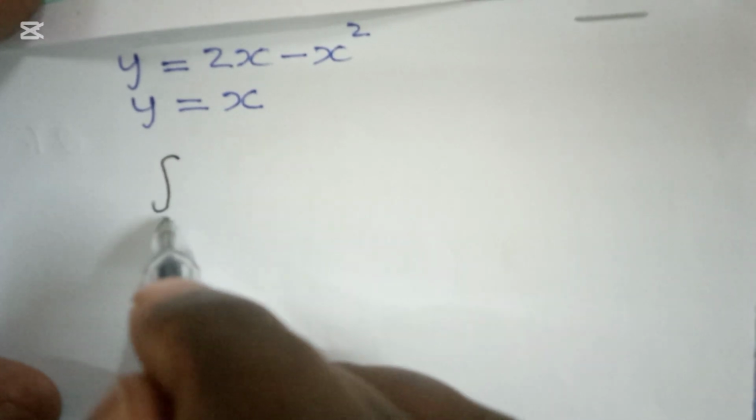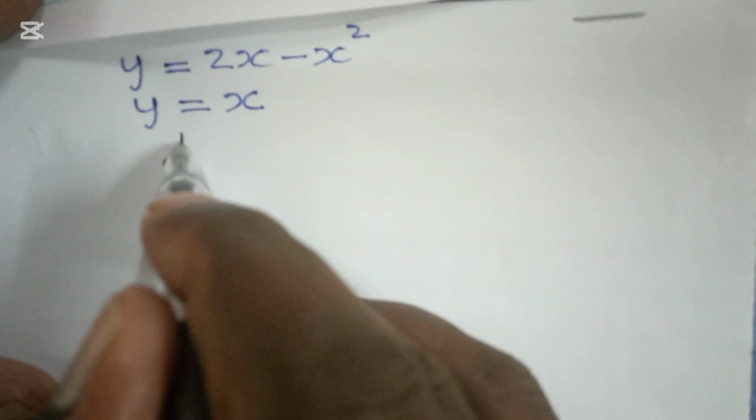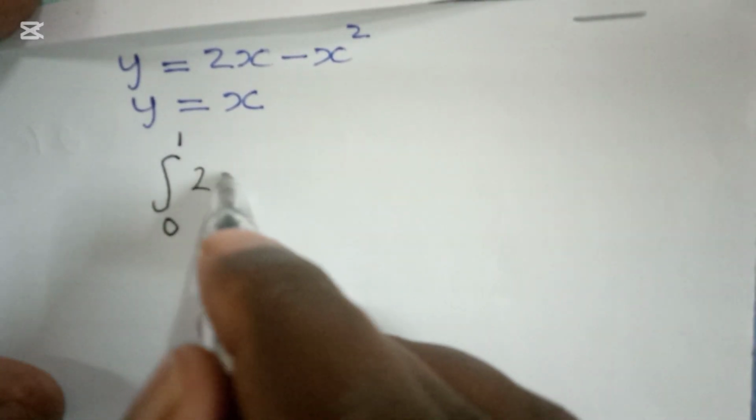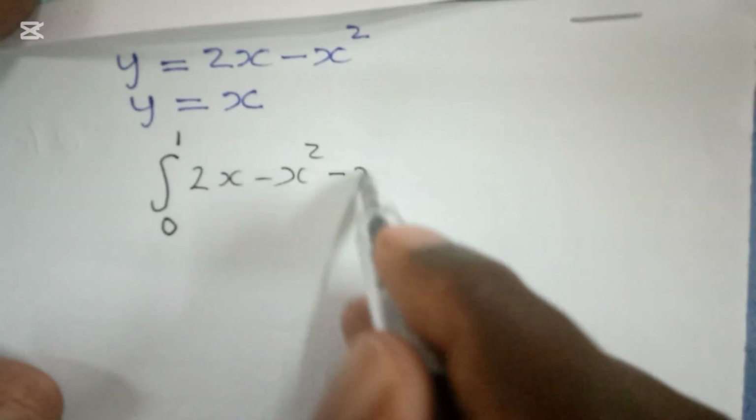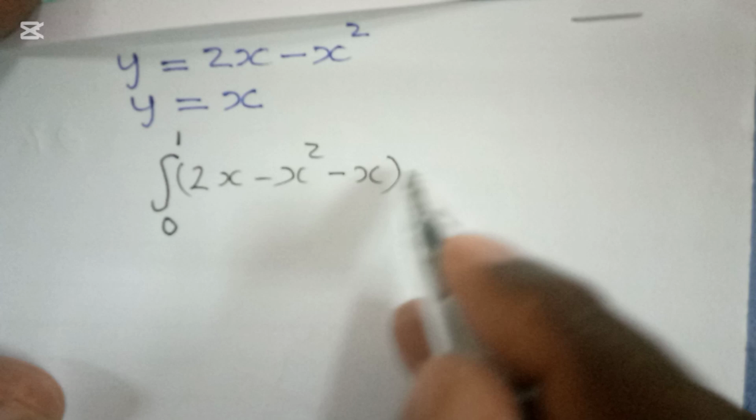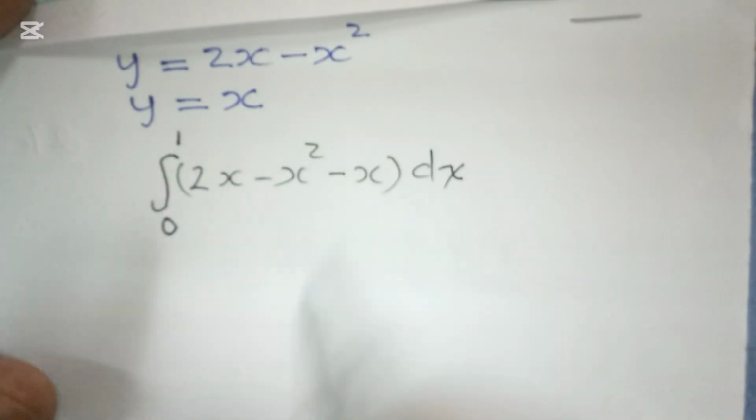So guys, we shall now have the integral from 0 to 1 of 2x minus x squared minus x dx.